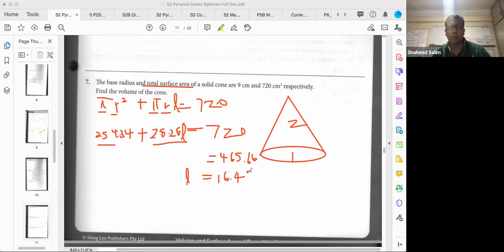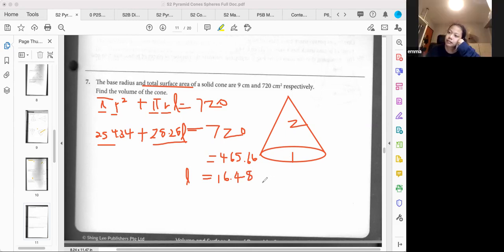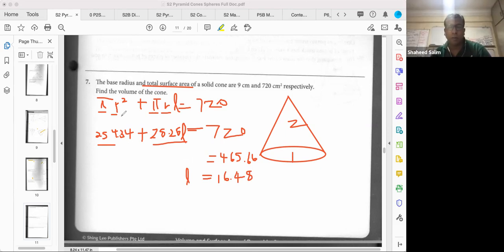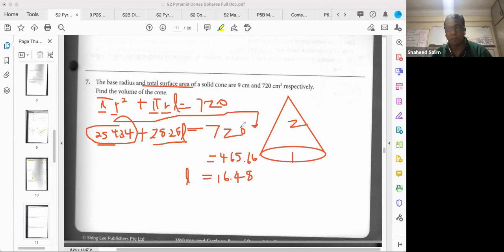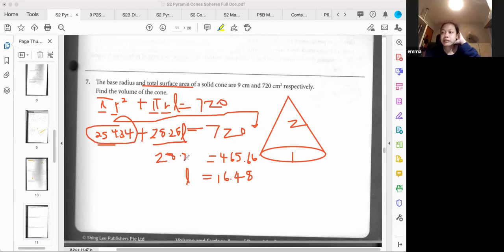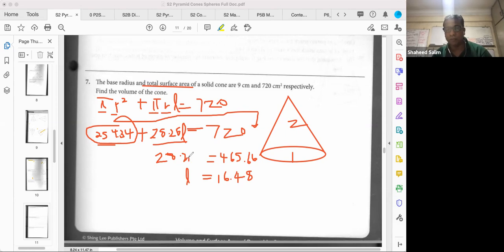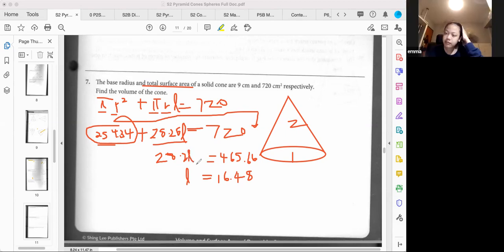So you're just one step away. You understand what I'm doing? Down here, I brought this over, so it became minus this. I get 28.26 L equals 465.66.